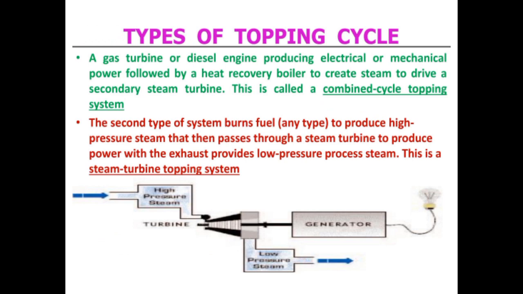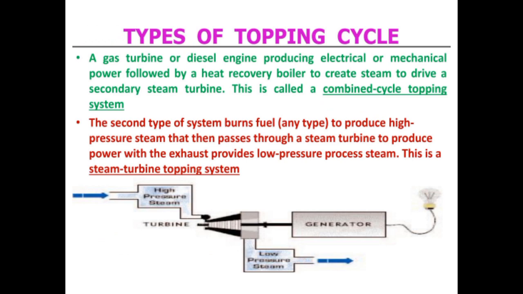Okay, so next one. In topping cycle itself we have two processes. The first one is the combined cycle process and the second one is the steam turbine topping process. It is very simple. We can easily tell, it is based on the application only. We can divide it into two types.